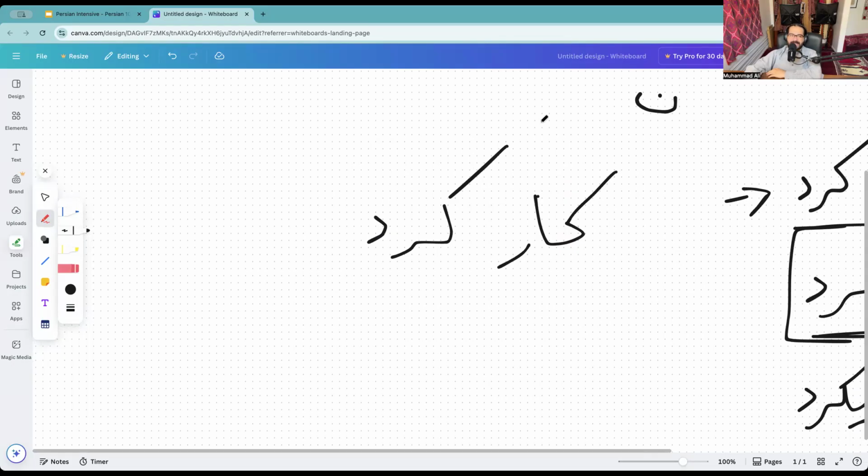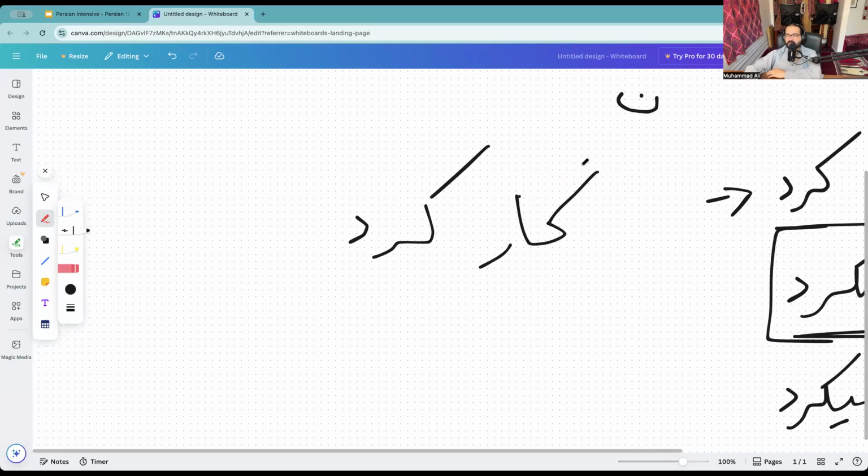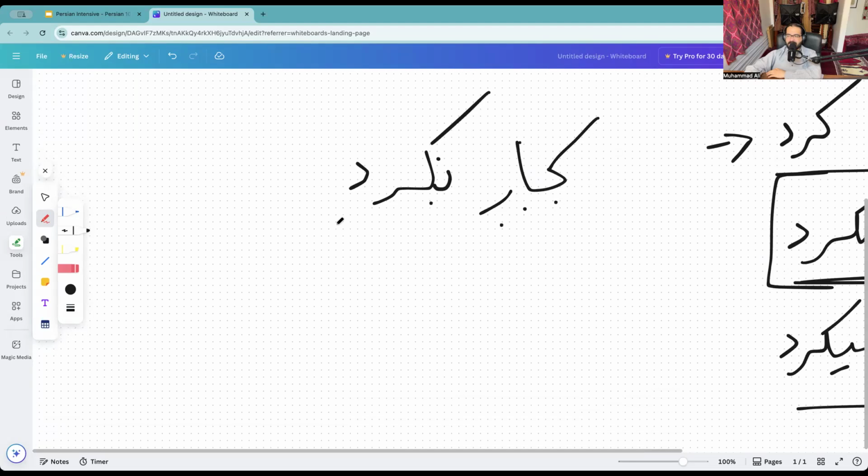You know that the negation is a noon and that it needs to get attached to this phrase. All you do in Persian is you just attach it to the first possible verb. So you look at kaf, that's not a verb. Aleph, that's not a verb. Re, that's not a verb. Kaf, oh, this is a verb. Okay, perfect. I'll attach the noon. Kar nakard. And the same thing is true for the phrase kar khaham kard.